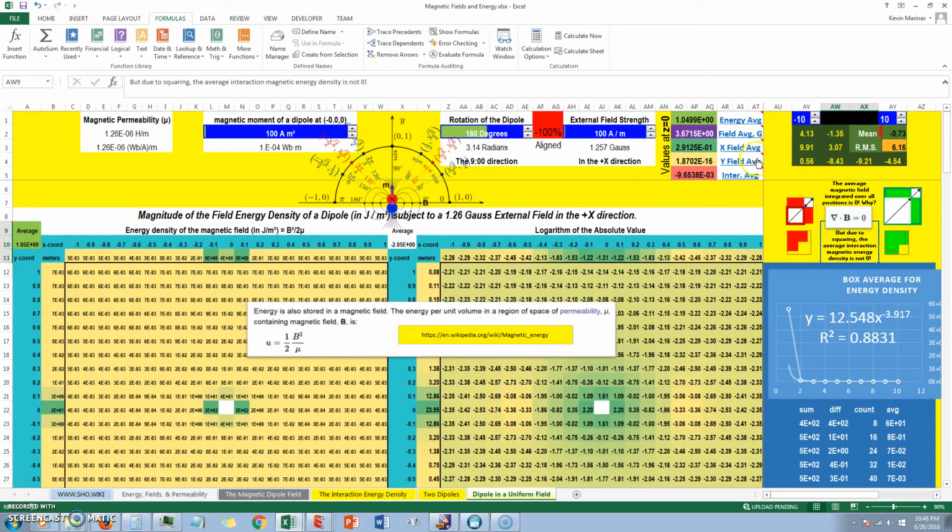Okay. But that doesn't mean the interaction energy density will cancel. Because, let's say, for example, we have these pictures. Pictorially, this area represents the interaction energy density when you have a constant, uniform field, representing this square and this square, just the sizes of those squares.